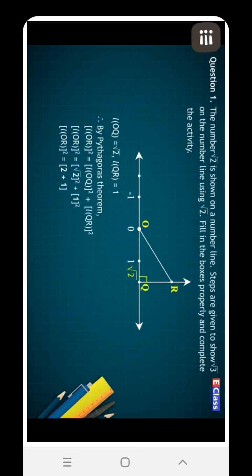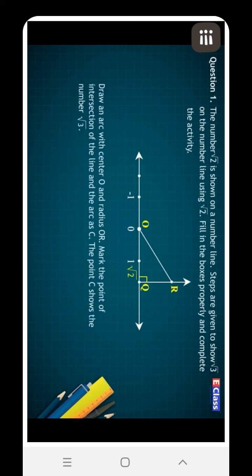Replacing the values and solving it, we get the length of OR as the square root of 3. Draw an arc with center O and radius OR. Mark the point of intersection of the line and the arc as C. The point C shows the number square root of 3.